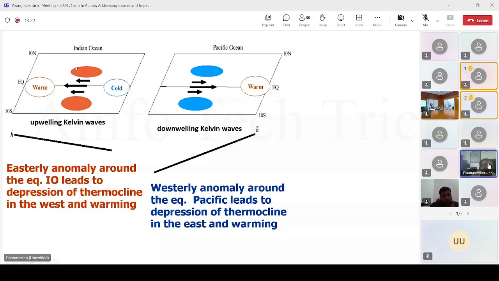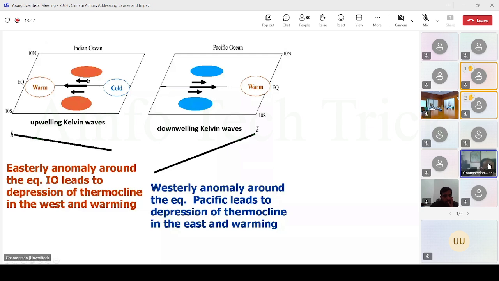They can induce downwelling Rossby waves both in the north and south. Whereas in the Pacific, it is the opposite. This type of wind shear can induce a cyclonic wind stress curl, and they will induce upwelling Rossby waves in the Pacific.